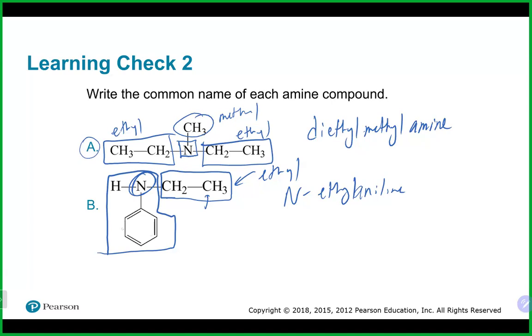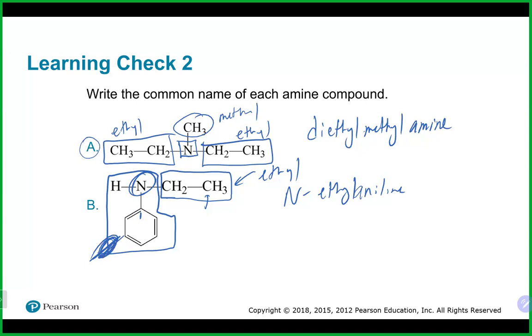So if it was thrown here, obviously that's not it, this would then be carbon 1, and you would want to give it the smallest number wherever it is. So if it was attached to the carbon ring, then you'd have to give a number for it. But because it's attached to nitrogen, what does happen with these amines, you would use N sometimes.